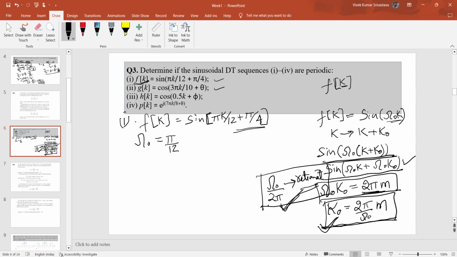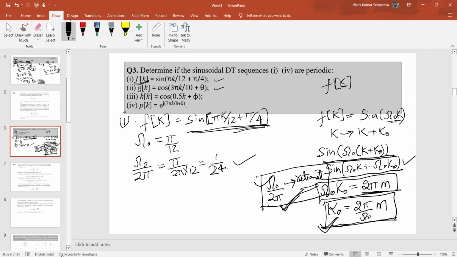If we check this condition, that is rho naught by 2 pi, this will be equal to pi by 2 pi into 12, which equals 1 by 24. This represents a rational number, so we can say that this signal is a periodic signal.